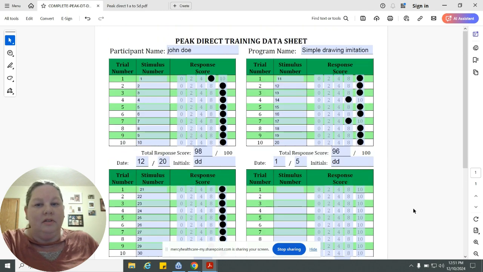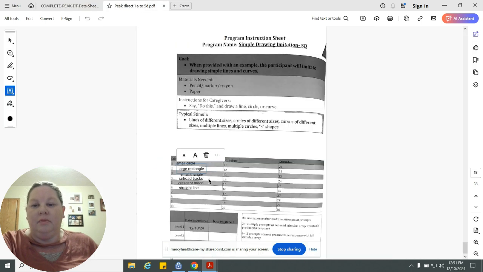If you have any questions on mastering, please let me know. Or if you think that the data is skewed because someone doesn't understand how to score the program, or they're not putting in the stimulus in here, because that's extremely important. If the stimulus is not interchanging and changing through there, then we won't have a good representation.